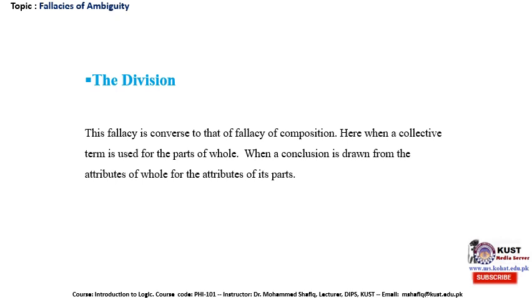So these are the 5 fallacies of ambiguity. They are called fallacies of ambiguity because they are the product of ambiguous use of terminology. And the fifth one, the last one, is called fallacy of division, because we try to use the attributes of whole for the attributes of its parts. Hence, it is called fallacy of division.